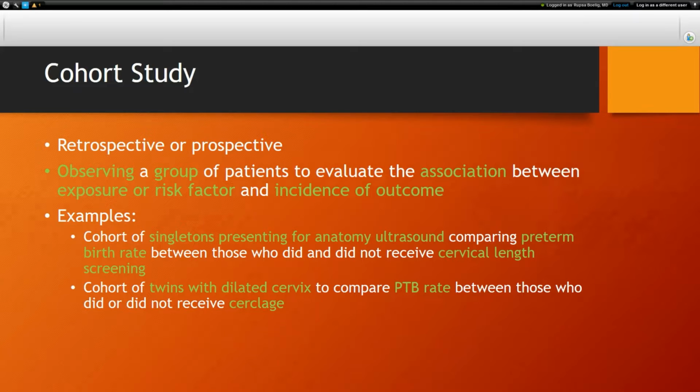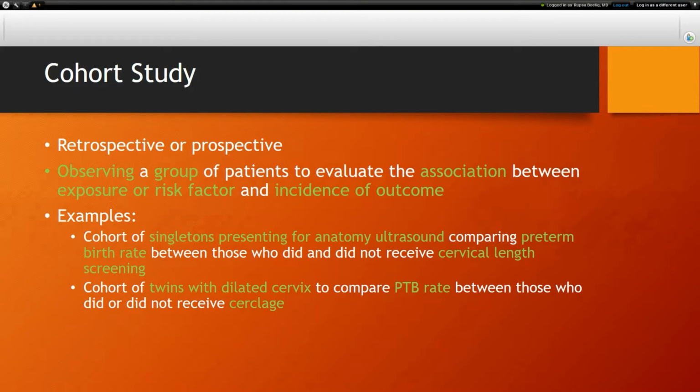Some examples of cohort studies that have been done in our fellowship include one of our fellows, a cohort of singletons who present for anatomy ultrasound and looking at the exposure, which in this case was those who got cervical length screening versus did not get cervical length screening, and then the outcome, which was preterm birth.